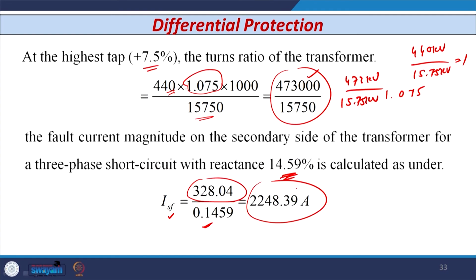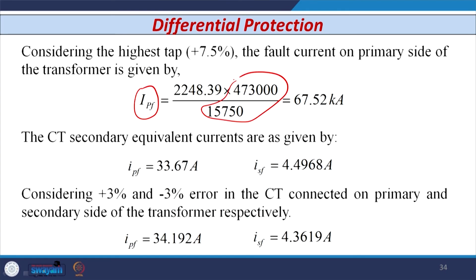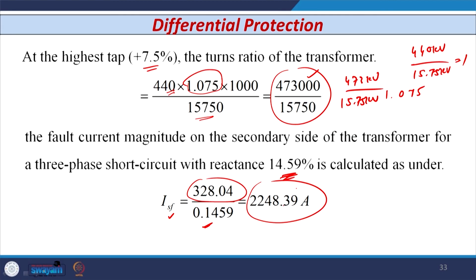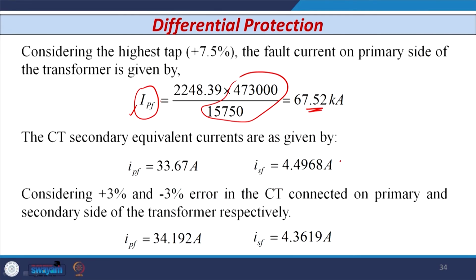If I transfer IPF, 67 kilo ampere, and ISF, 2248 ampere, to the secondary side using CT ratios 10,000 by 5 and 500 by 1, the currents come out to be these two values.